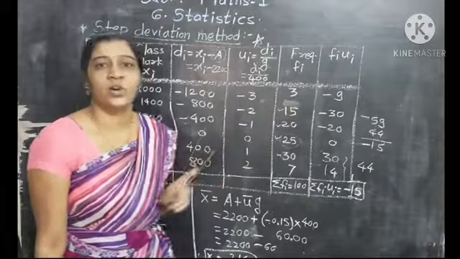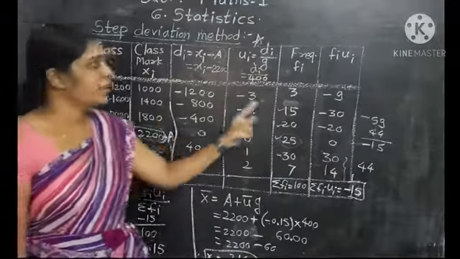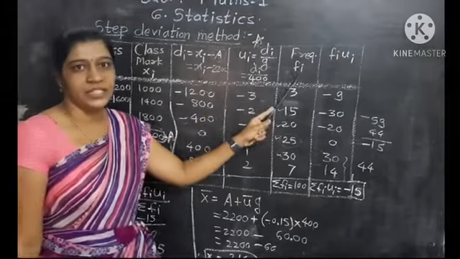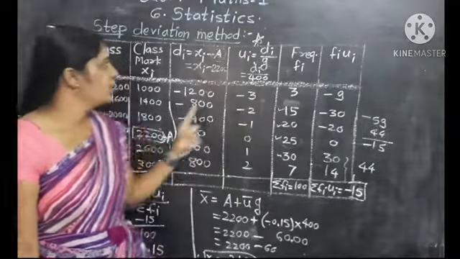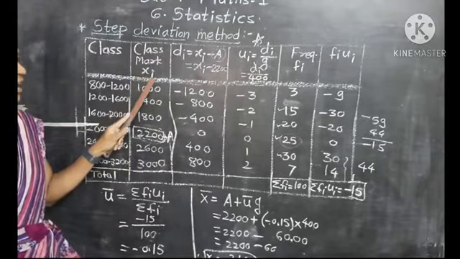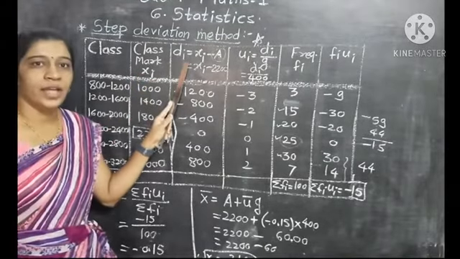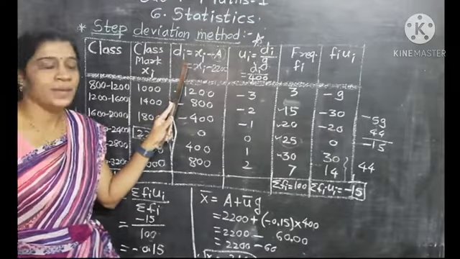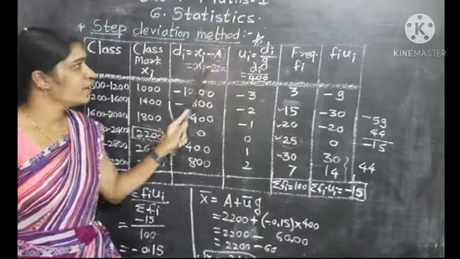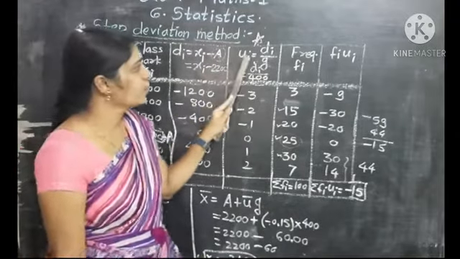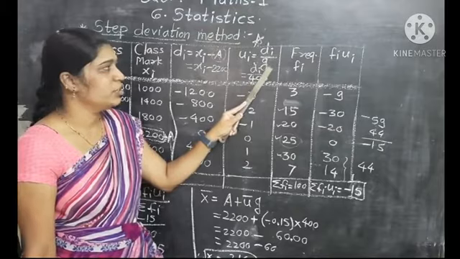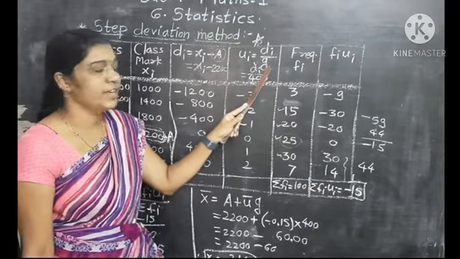Okay, understand? We write the first 6 columns. Make the first 6 columns. 2 columns are already given in the example: class and frequency. The second column you write as class marker xi. Third column, as usual in the assumed mean method, di is equal to xi minus a. Then the fourth column, ui is equal to di upon g, where g is the GCD of all di's.